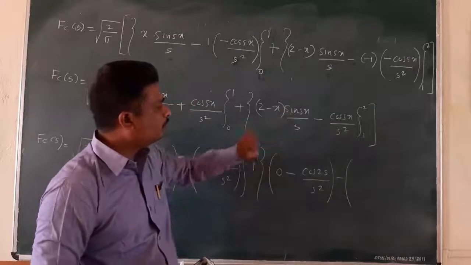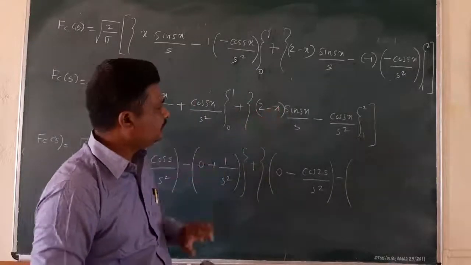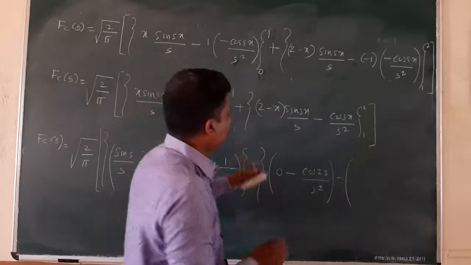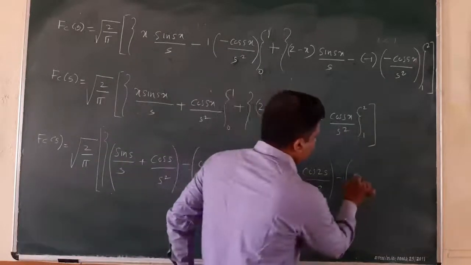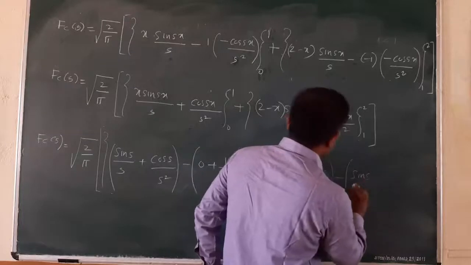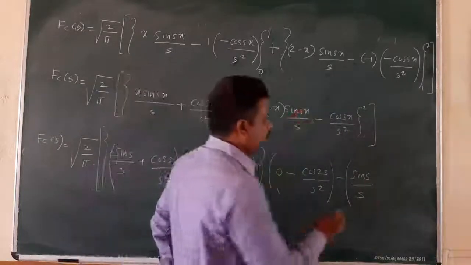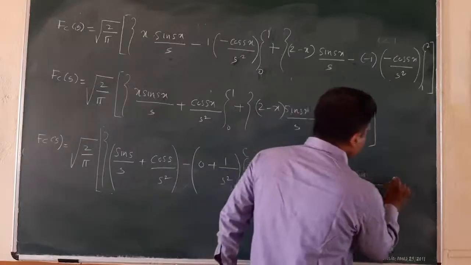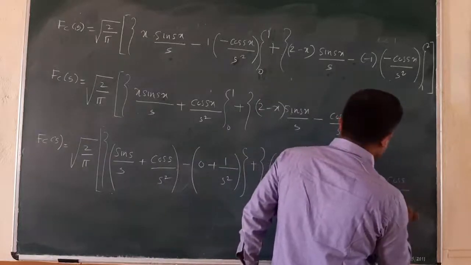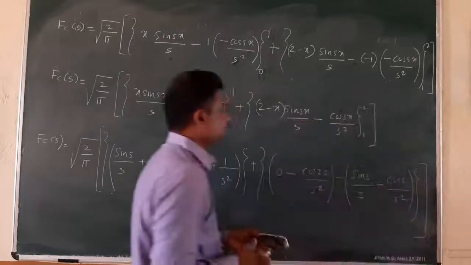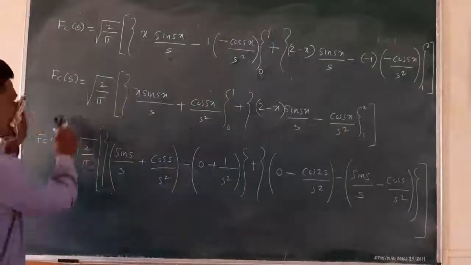Lower limit is here 1. 2 minus 1 is 1, and it becomes sin s upon s. Here also I will put x equal to 1, minus, so this is cos s upon s square. So I will simplify this one now.